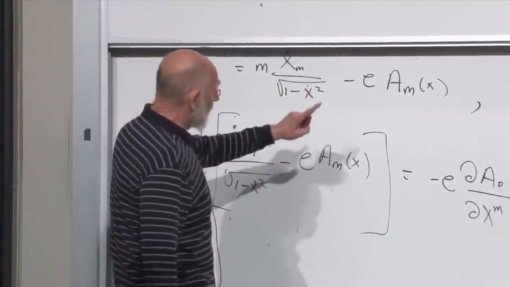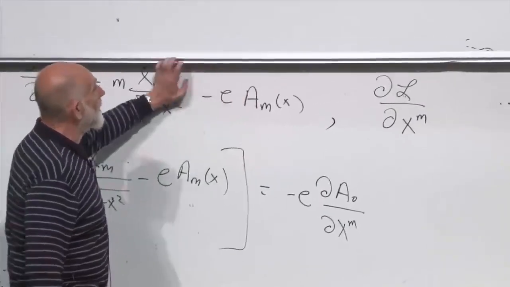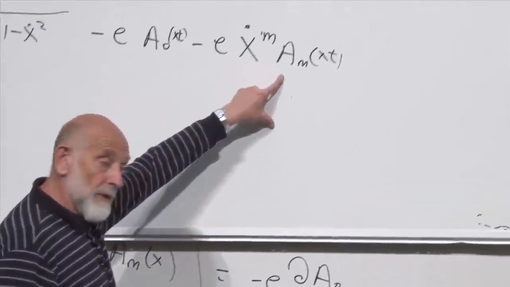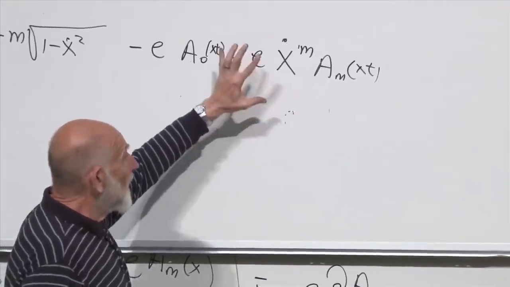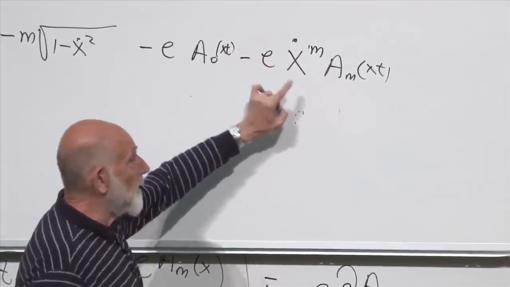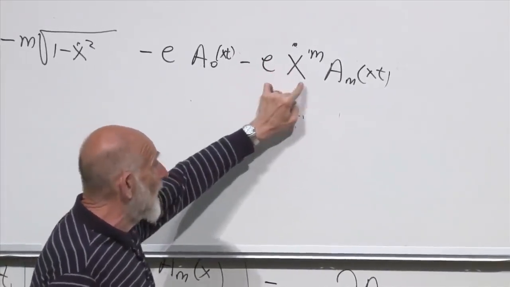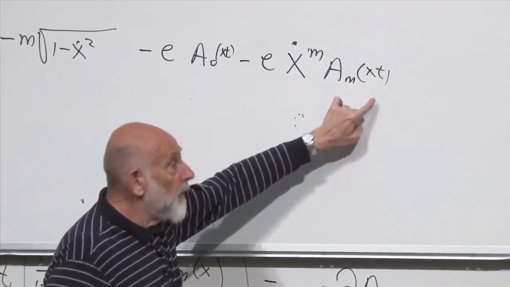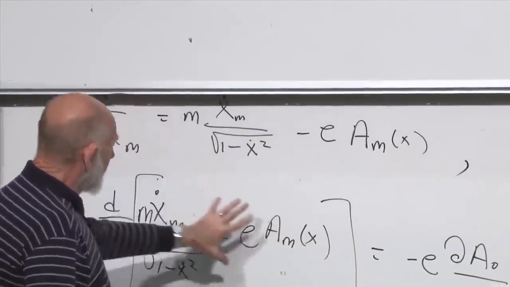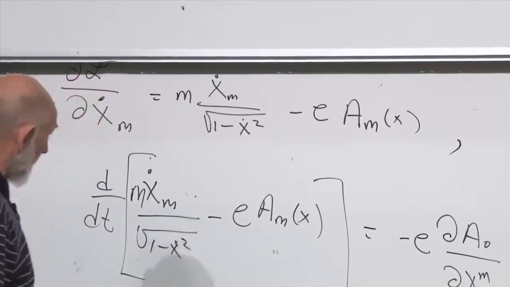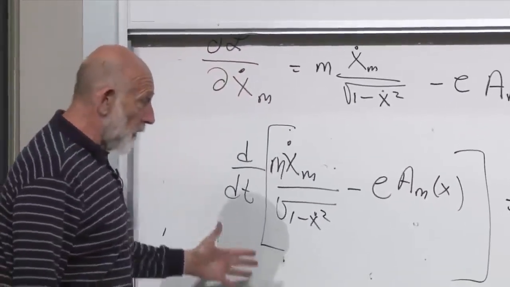All right, but now there's more. These terms also depend on x, and I have to differentiate them with respect to x. These terms are mixed. They depend on both velocity and position. We've already taken into account the fact that they depend on velocity. That was on the left side of the equation.